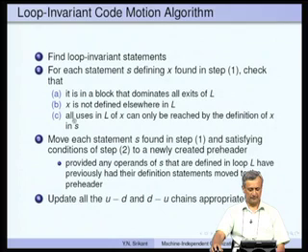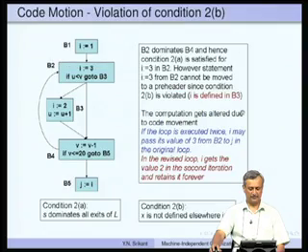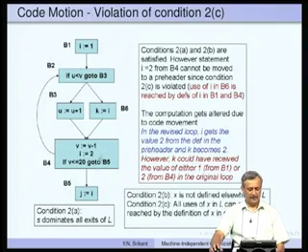The third one: all uses in L of the variable x can only be reached by the definition of x in S. So, let us see what happens. This flow graph satisfies condition 2a, which says S dominates all exits of L. We are now looking at I equal to 2 in the basic block B4.